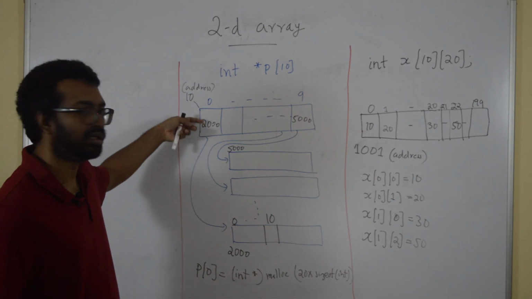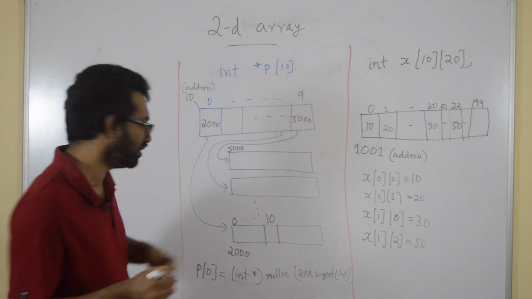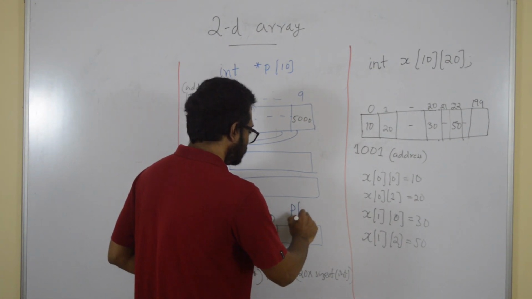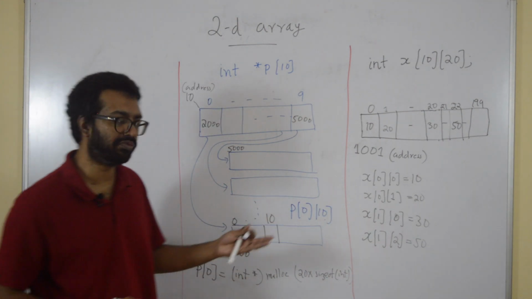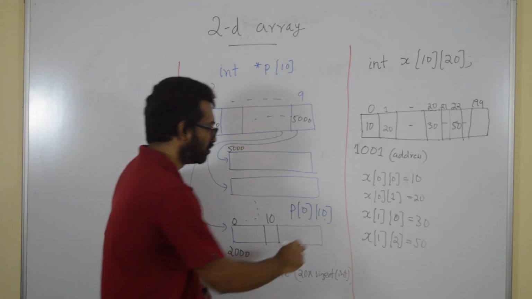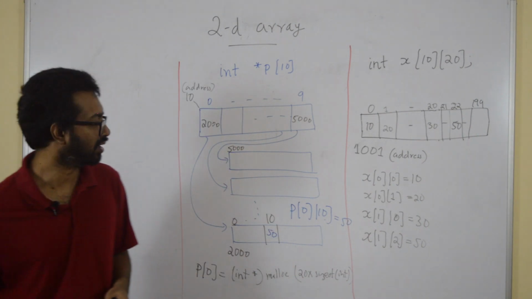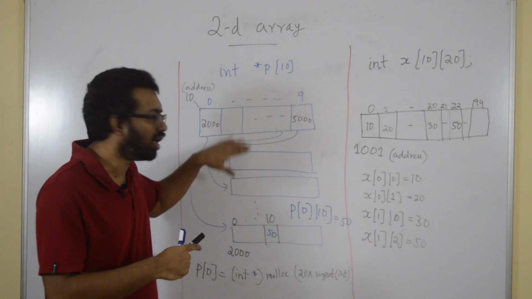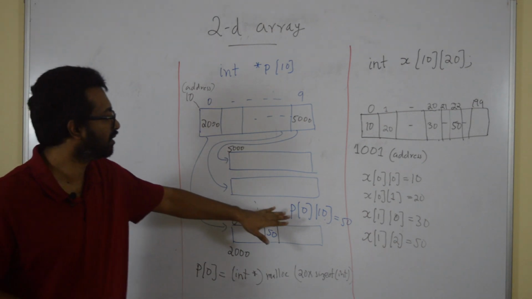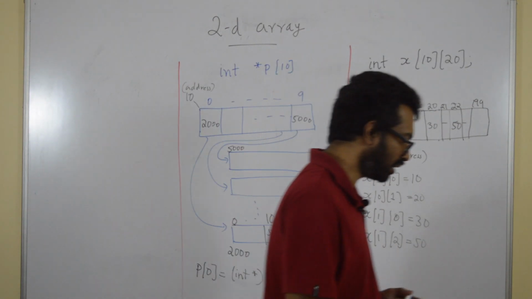Because this is where the 0th index points to. So this is one way I could have accessed this value. So if this is 50, I can access values like this. Once you allocate the memory like this, the programmer can access that location like this, right?